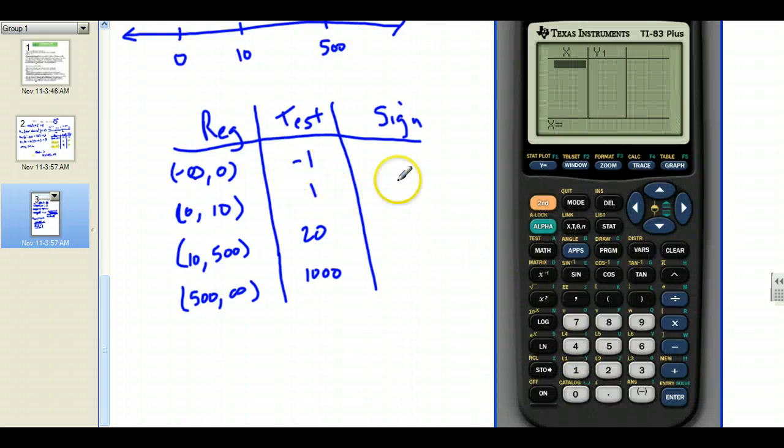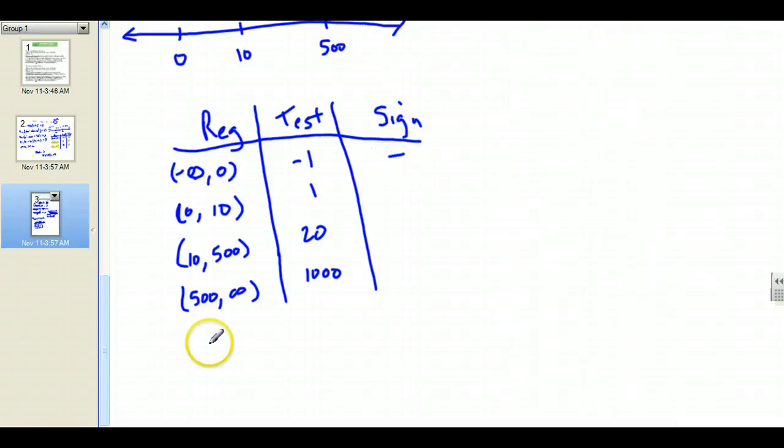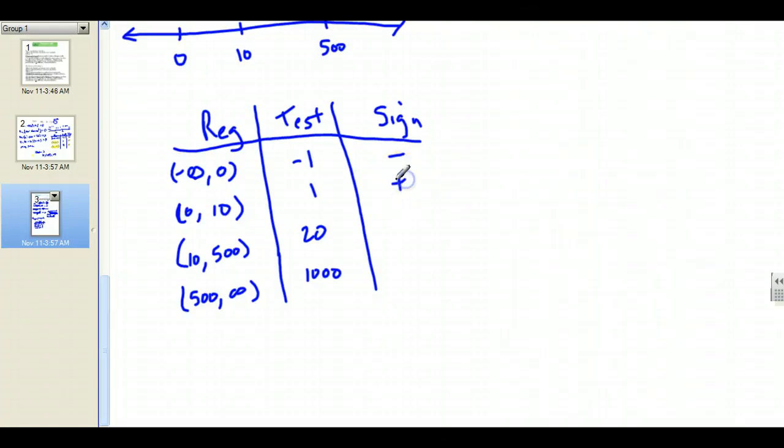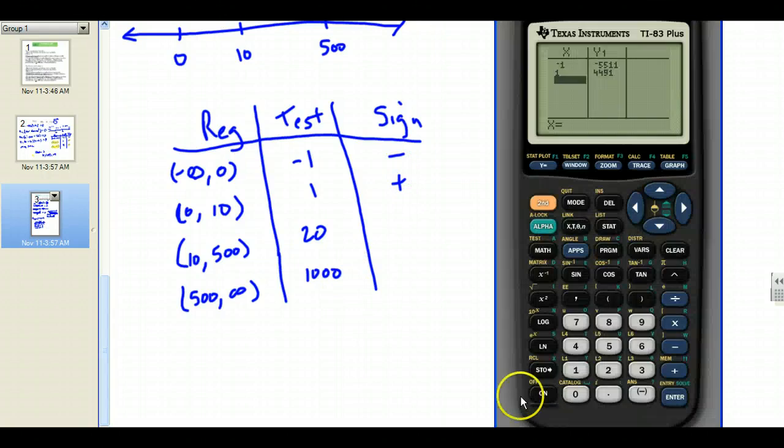Now, -1, hit enter. I get a negative sign. +1, hit enter. I get a positive. +20, hit enter. I get a negative.